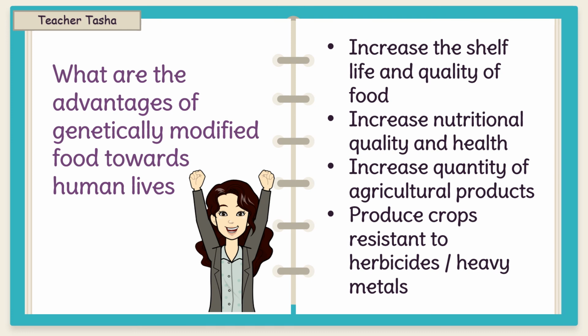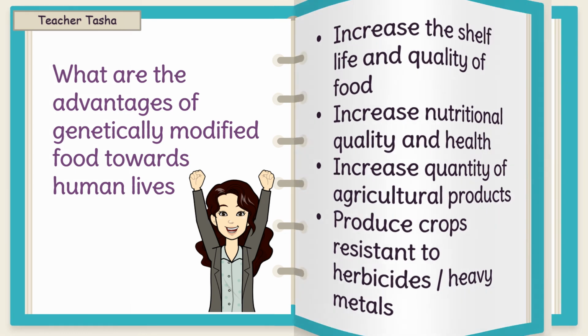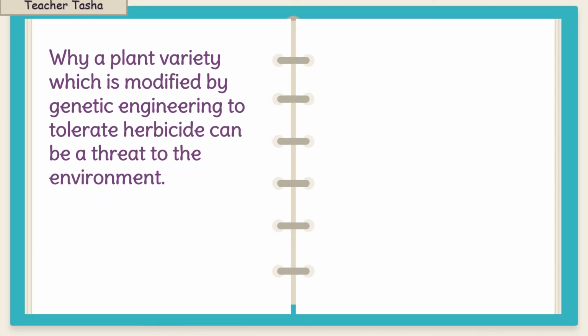It increases nutritional quality and also health. It increases the quantity of agricultural products, and it will be able to produce crops that are resistant to herbicides or heavy metals.